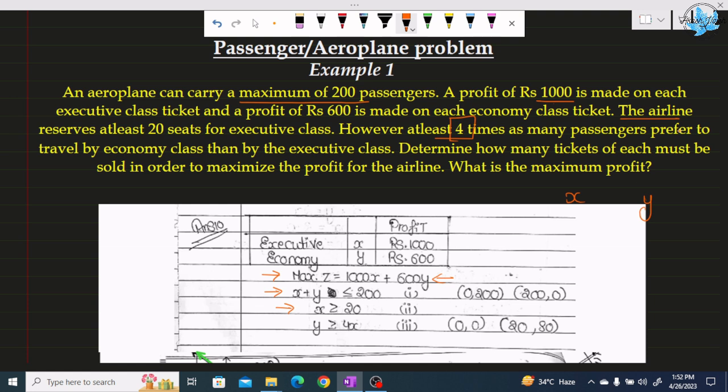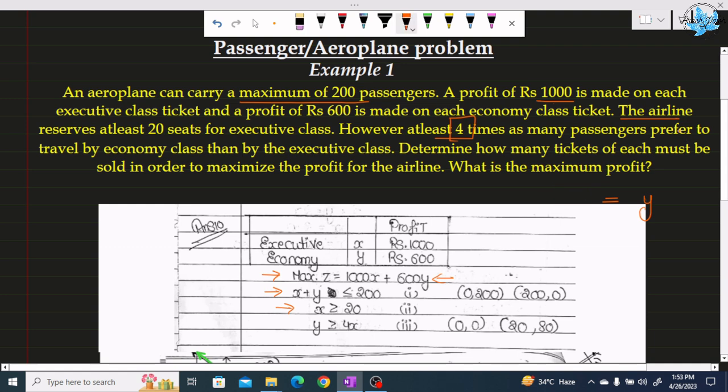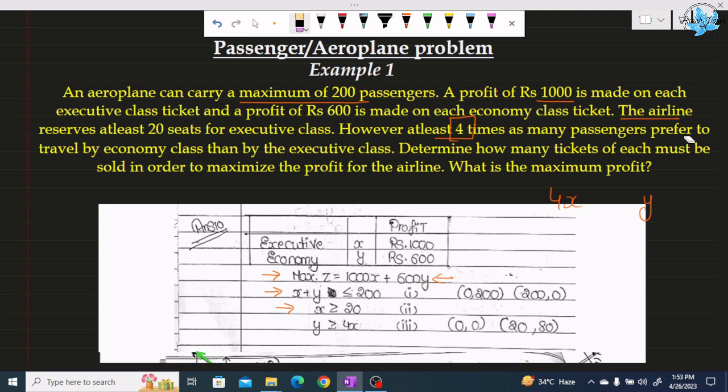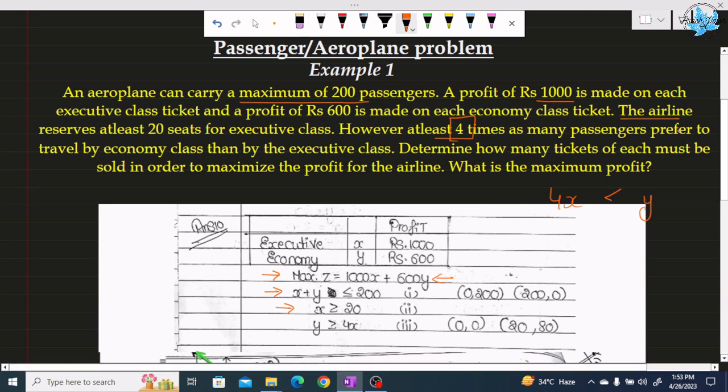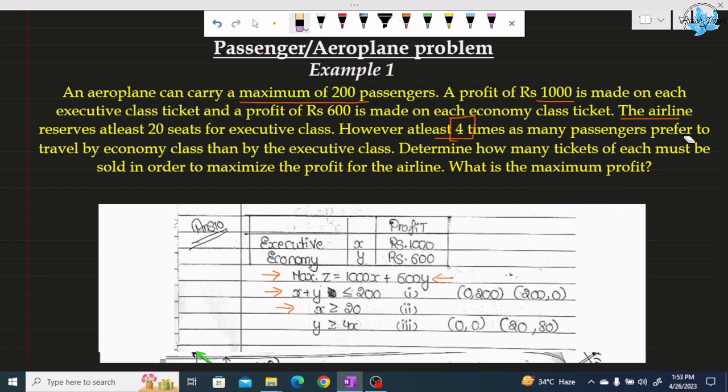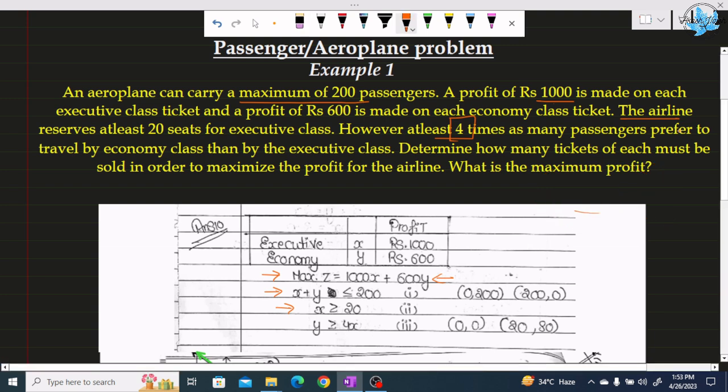So 4 times the executive class is the economy class. And there is an at least sign. At least means greater than or equal to, so we have to open our mouth towards the y. So the next equation is y greater than or equal to 4x.